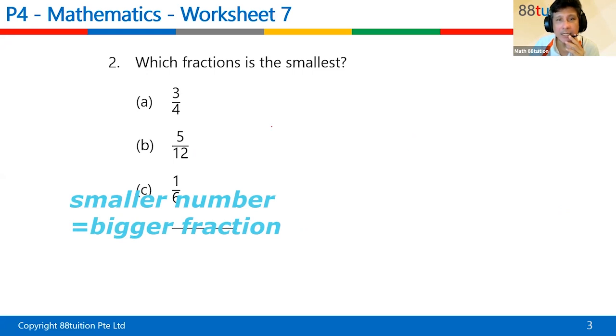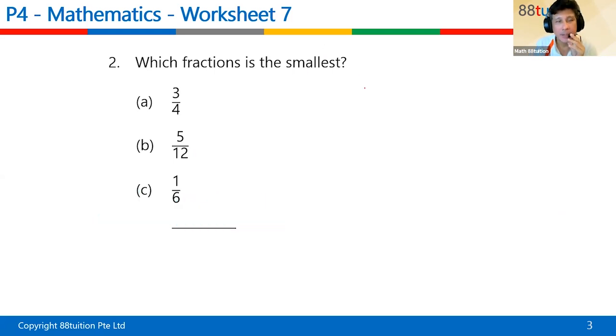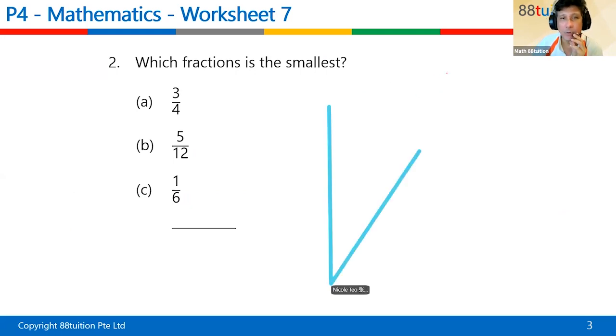Okay, unfortunately, our problem here is you have different denominators and different numerators as well. If we only have different denominators, but all the numerators are the same, we can make use of your concept to answer. But now because numerators are also different, you actually need to change them to a common denominator.